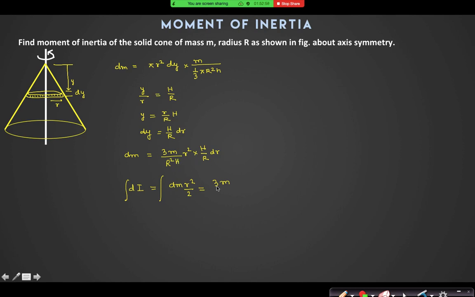So 3m by r cube into r square dr, by 2r cube, r square dr into r square, r power 4 dr. Integrate it from 0 to r, you will get 3m r power 5 by 10. So that should be the answer of this question, 3m r square by 10.